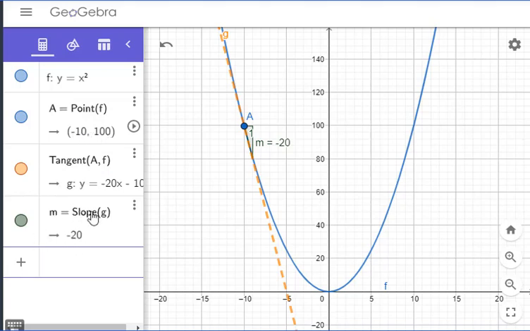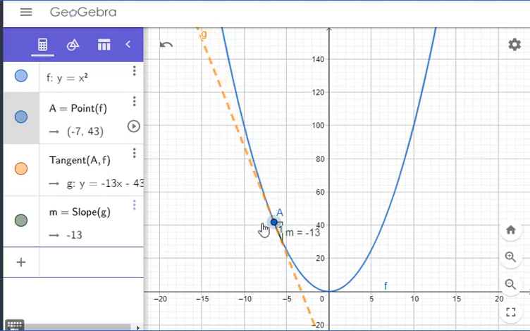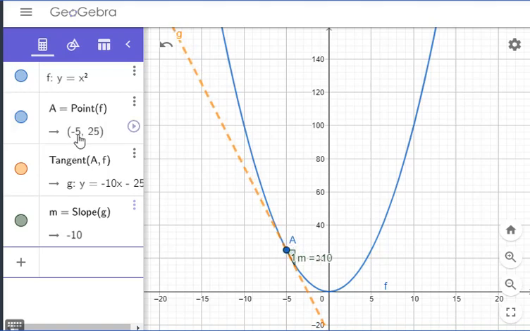Then you can see the slope of the tangent line equals negative 20. When x equals negative 5, make sure over here it's (negative 5, 25) because that's the correct point on the curve. Then the slope of the tangent line equals negative 10.